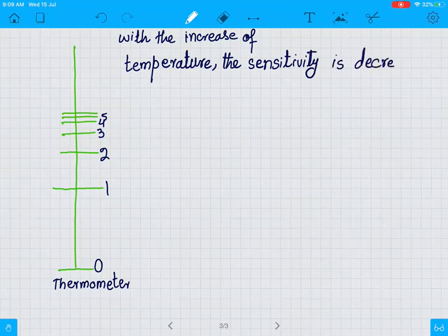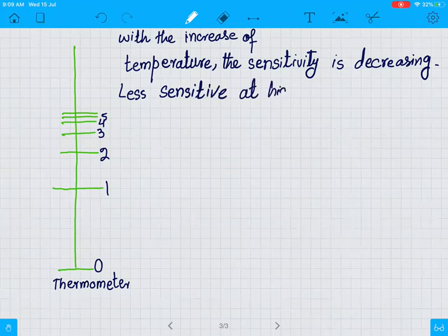The divisions are getting smaller. So this one is less sensitive at high temperature. Such thermometers are good to be used for low temperature applications, since it is more sensitive at low temperature.